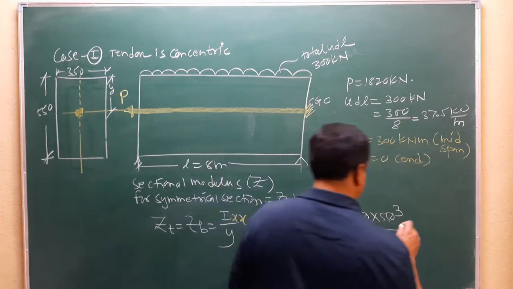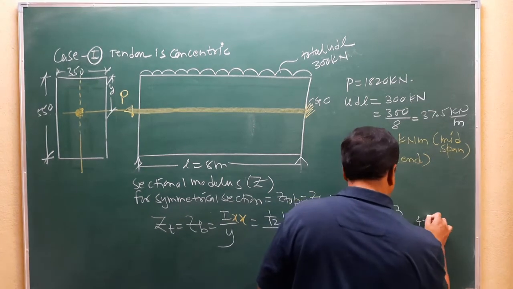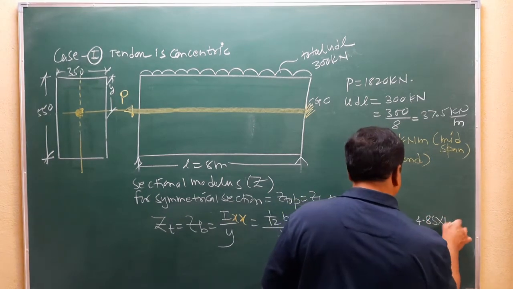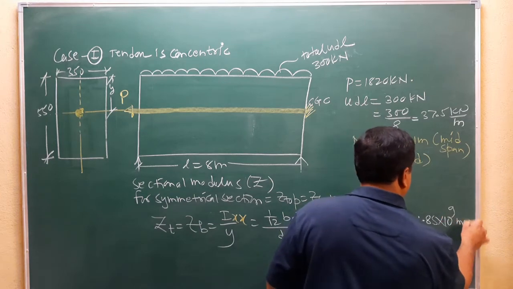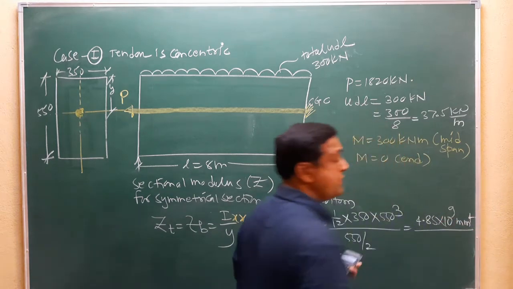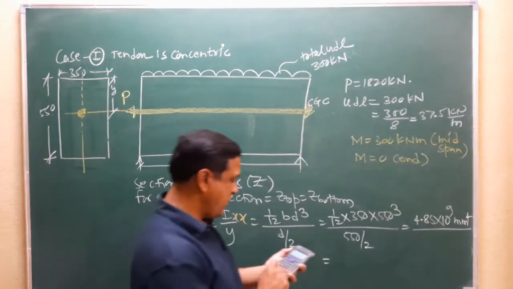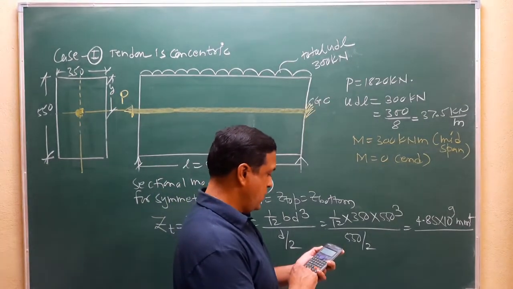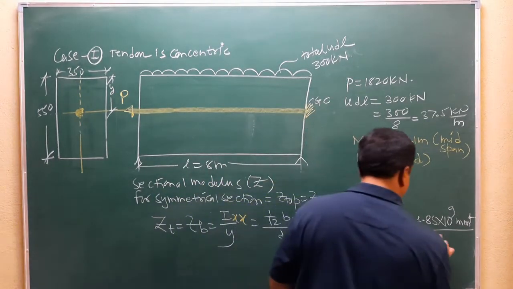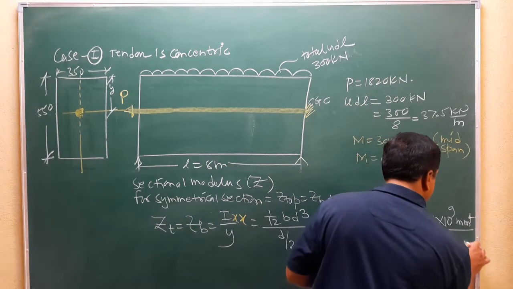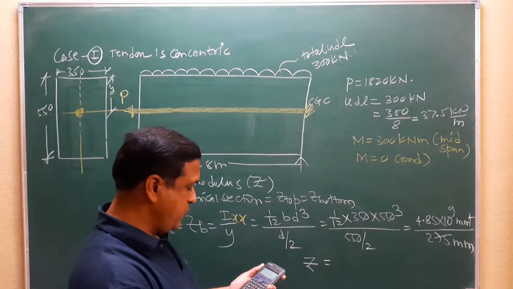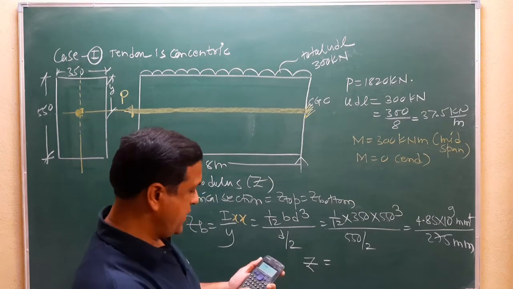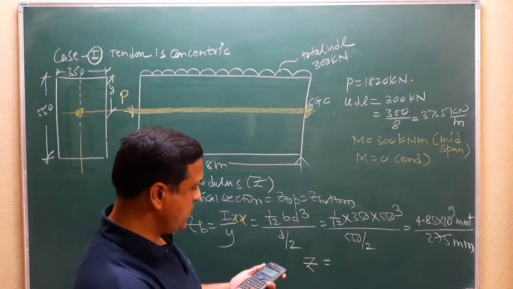This term is 4.85 into 10 raised to 9 mm raised to 4, because it is the moment of inertia. And 550 by 2 is simply 275 mm. Then what is the value of Z? The value of Z is 4.85 into 10 raised to 9 divided by 275.